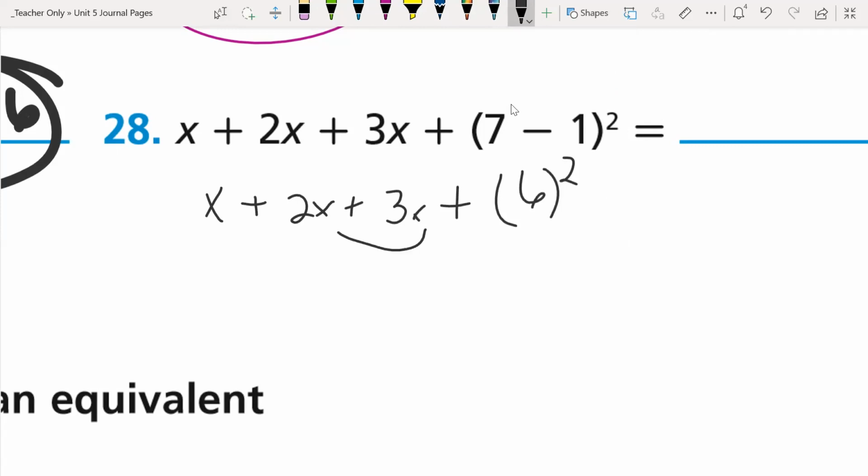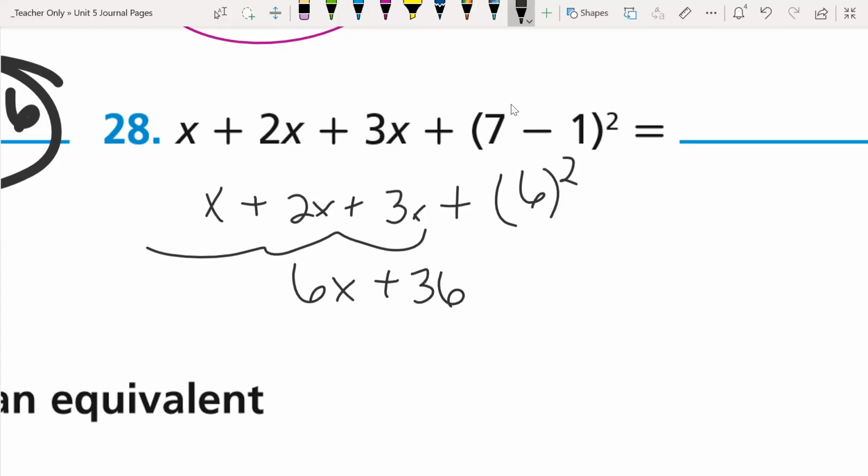Can I combine these x's? You bet. If I have 1x plus 2 more x's and then I add another 3 x's, I have 6 total x's, right? Plus 6 times 6 is 36.